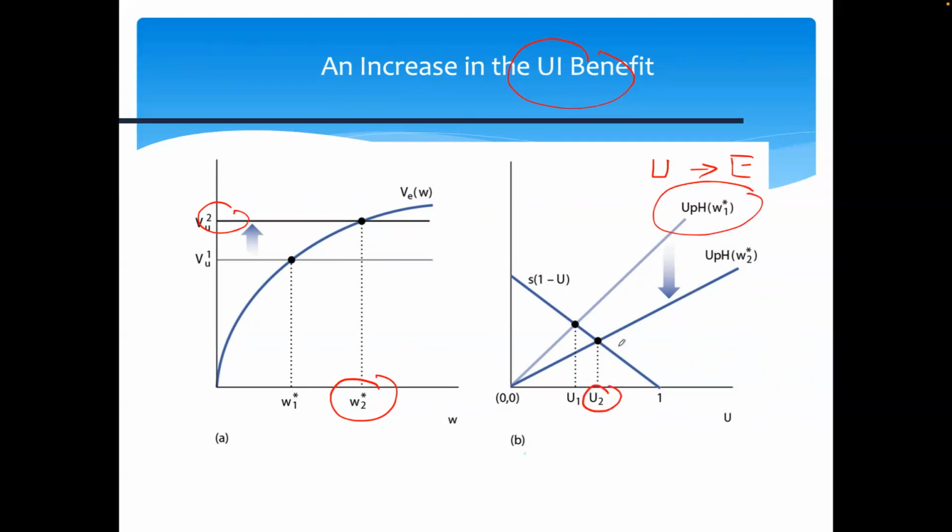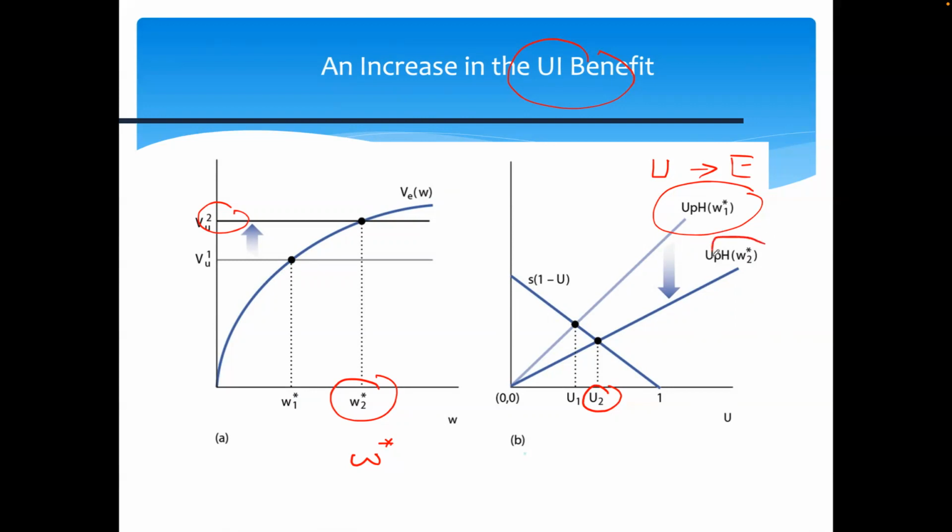But intuitively, what's happening? W star increases because unemployment benefit makes people become pickier. If they're pickier, they're less likely to accept the job, even though the job is available. So that's why this line is going to push down.